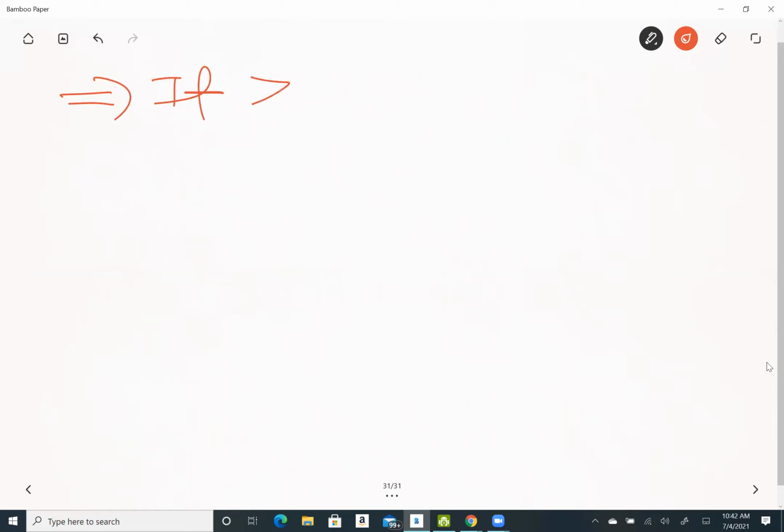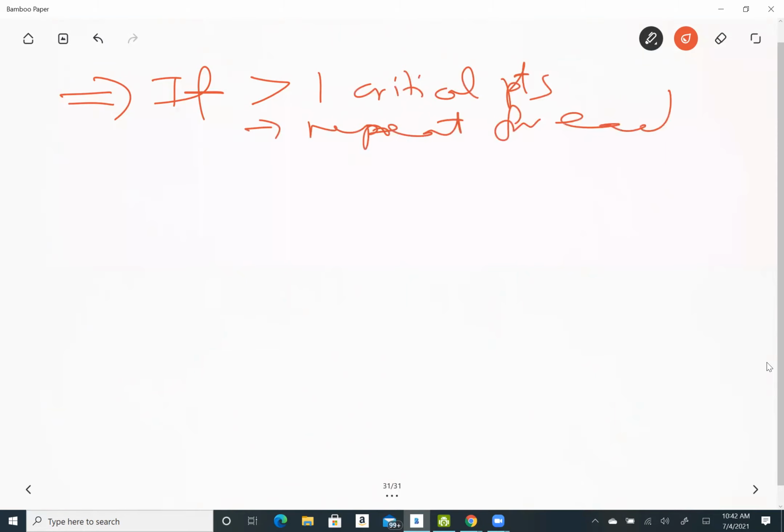For each critical point, you have the interval on the left and the interval on the right. The second critical point also has an interval on the left and an interval on the right, because for one critical point there are 2 intervals.